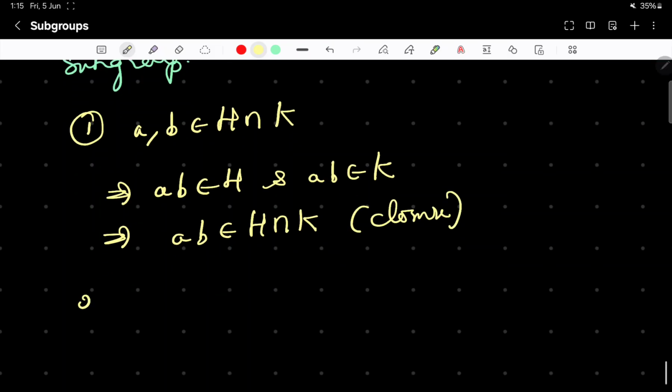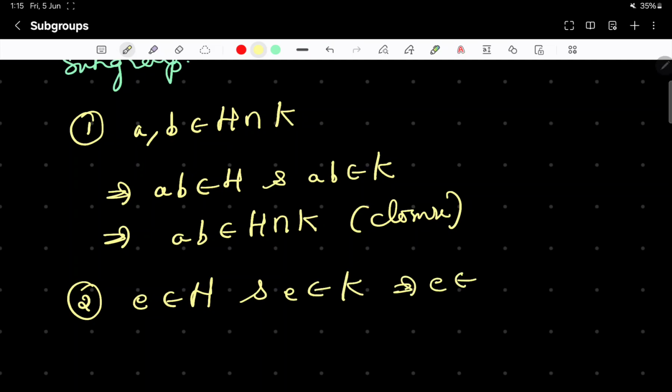Second thing, identity is there. Yeah, E is in H and E is in K, so automatically E is in H intersection K.